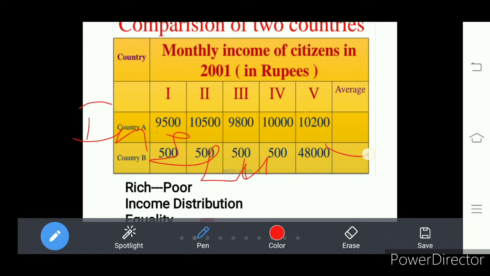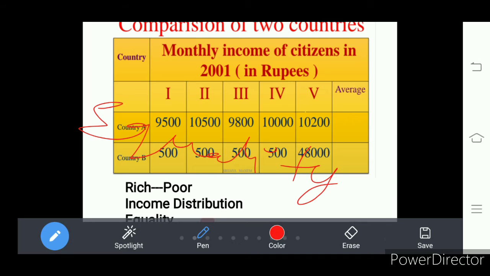Inequality in which one? Country B. Instead, there is equality in country A. We find equality in country A, and inequality we find in country B.